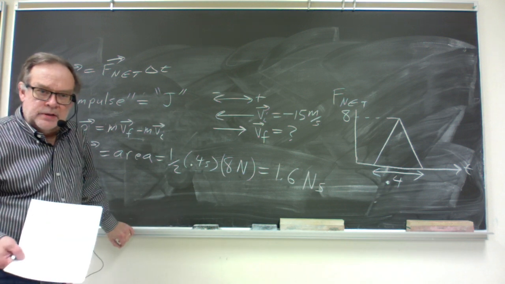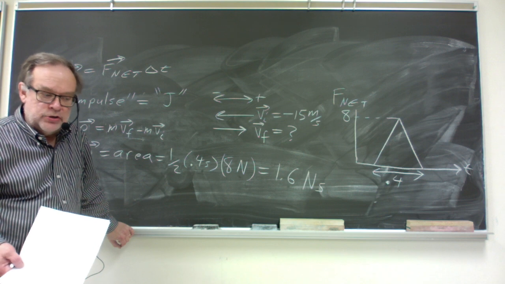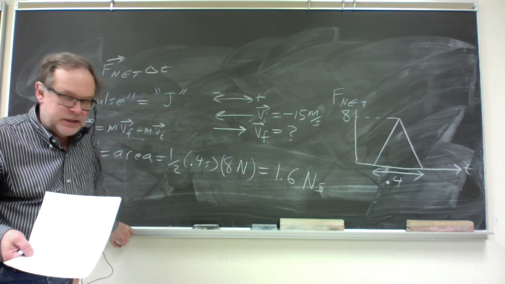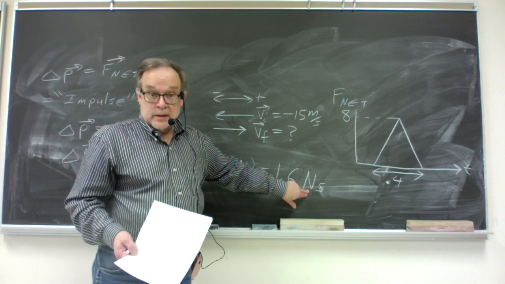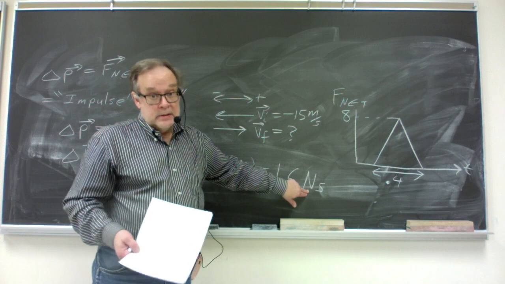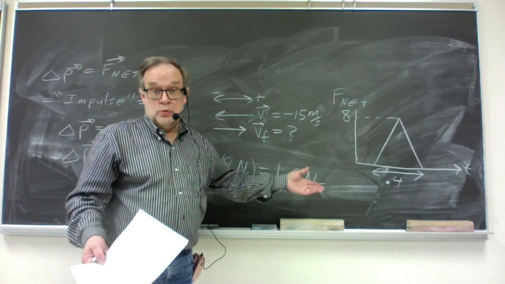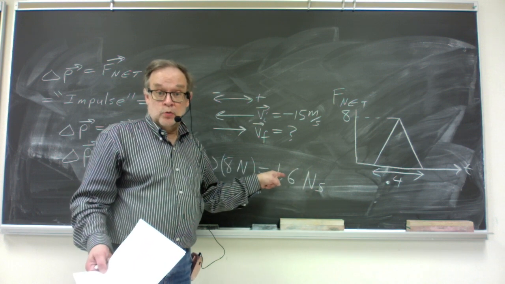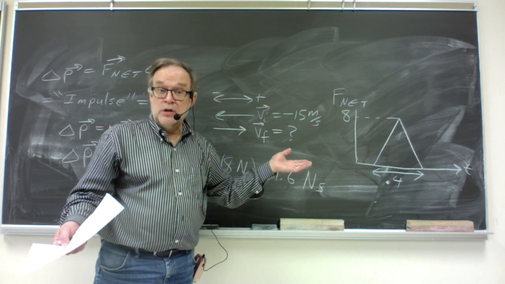And as you've seen in the text, the normal unit label for a change in momentum is mass times the velocity, kilogram meters per second. So it turns out this thing here, Newton seconds, actually is an equivalent label to kilogram meters per second. You could call this impulse 1.6 Newton seconds or 1.6 kilogram meters per second.